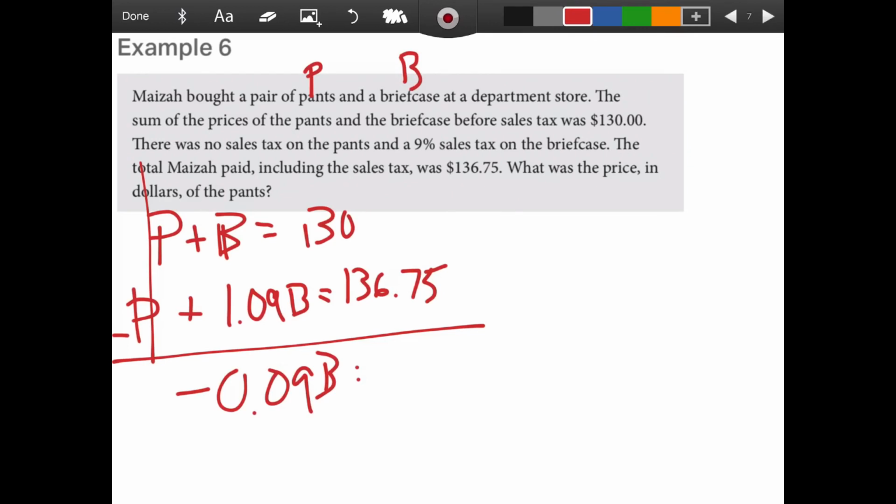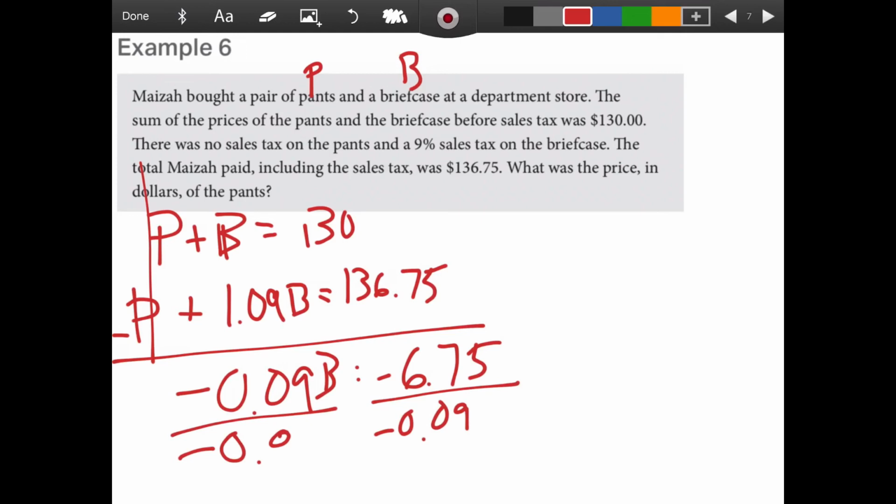And then when I subtract these two, I get negative 6.75, divide both sides by 0.09. Okay, and we get that B is equal to $75.